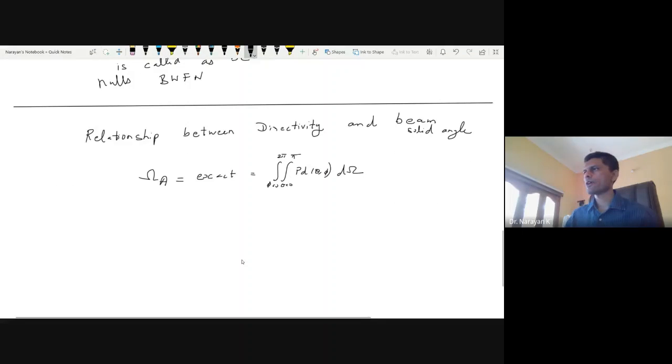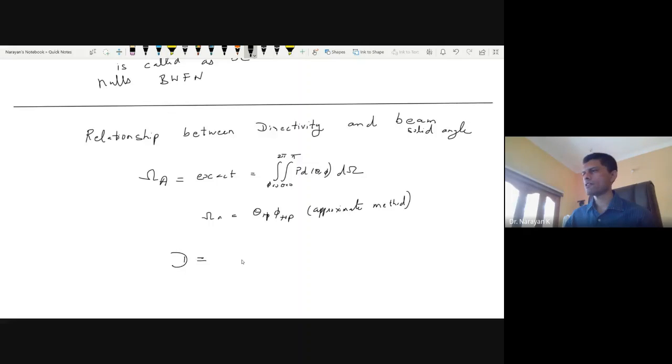Also we have found omega A, your beam solid angle, as theta of HP into phi of HP, the half power beam widths in the H plane and E plane. So this is your approximate method. We have done two problems on this already.